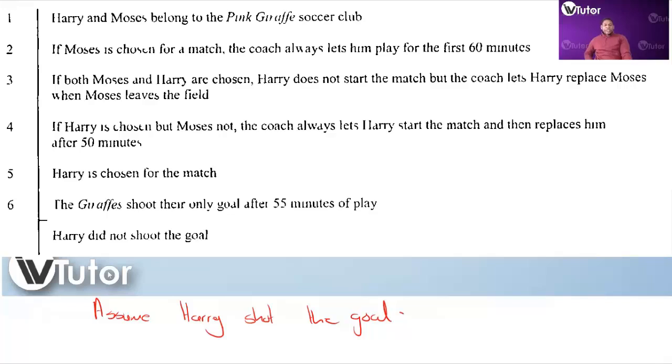If Harry shot the goal, it means that their only goal was shot after 55 minutes, right?